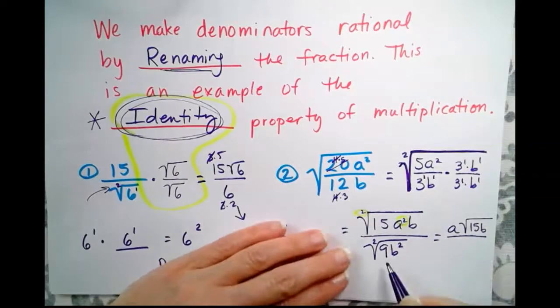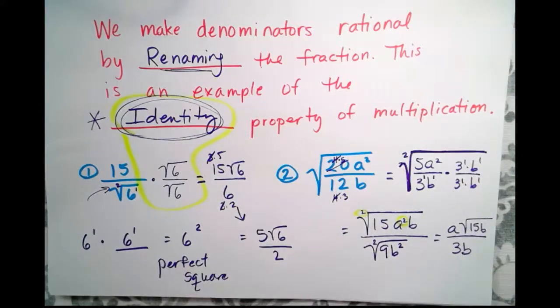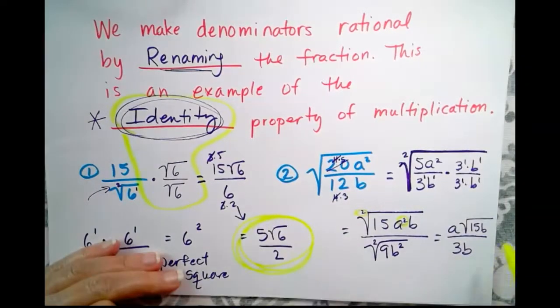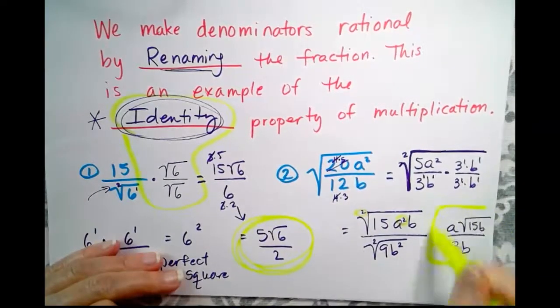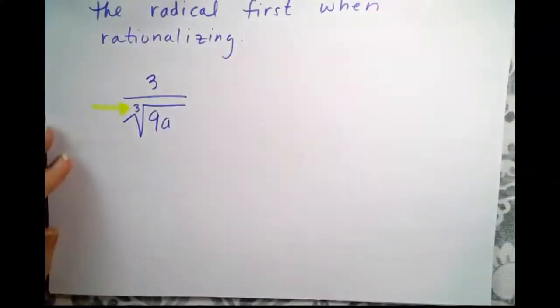On the bottom, what's coming out? Well, the square root of 9 is 3, and 2 goes into 2 one time. We have rationalized the denominator. Remember, if we rationalize our denominator, no more radicals in the denominator, and that's a best habit for algebra.